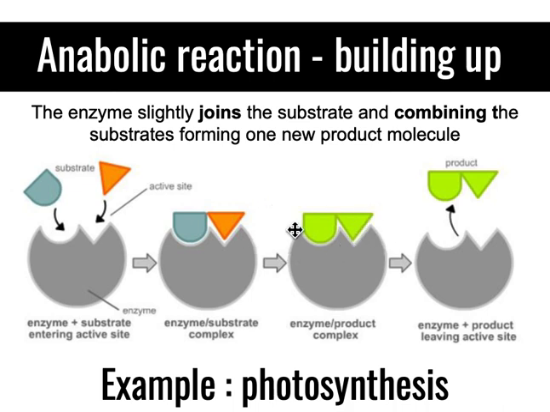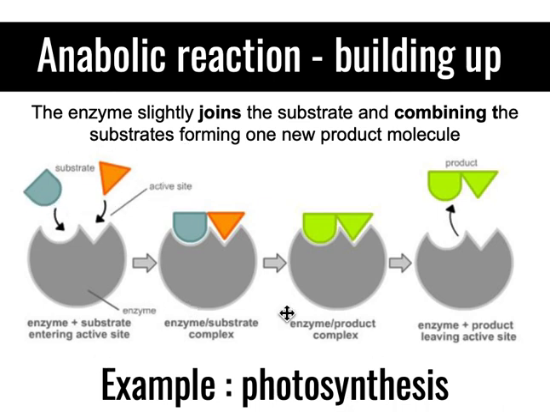Once the product is formed, it will be released, and now you have a free active site on the enzyme, and this enzyme can be reused to react with another new set of substrates to form another enzyme substrate complex. And this takes place over and over again until all of the substrates have been used up.